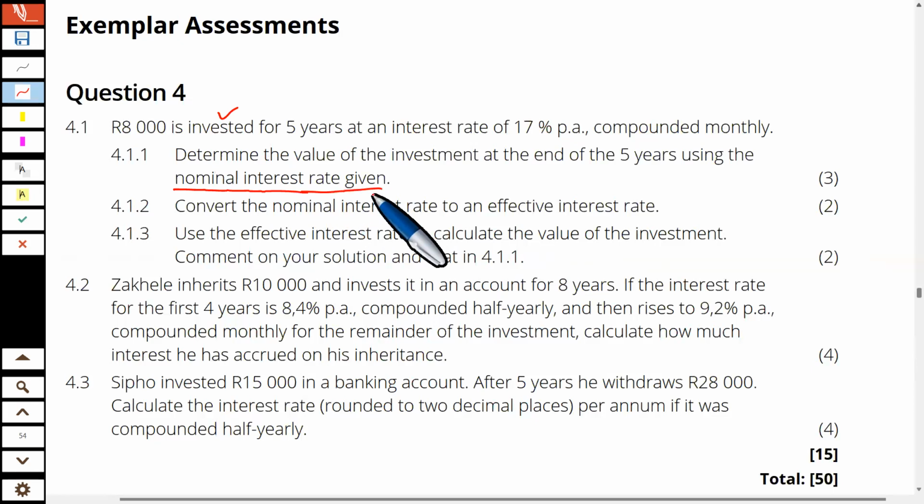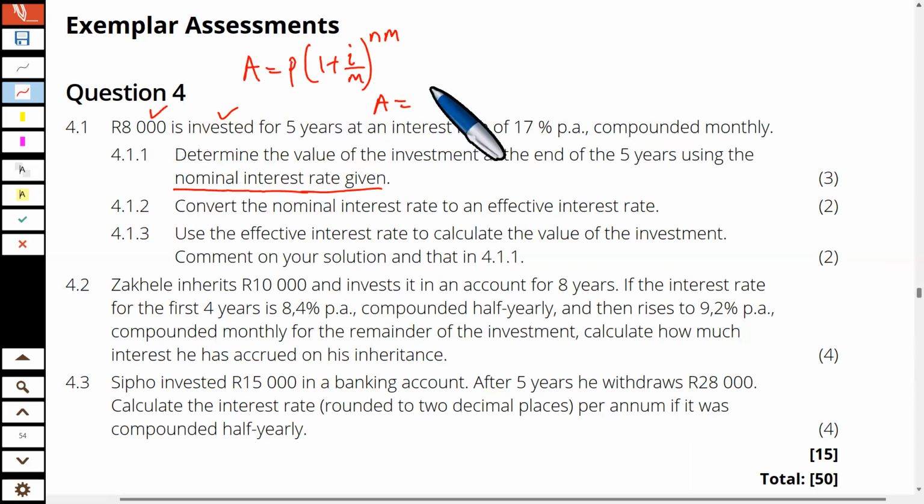Okay, it's very obvious, because if they say the nominal interest rate, you're going to use the formula A equals P into (1 plus i divided by m) raised to the power n times m. So this is A equals how much is being invested.